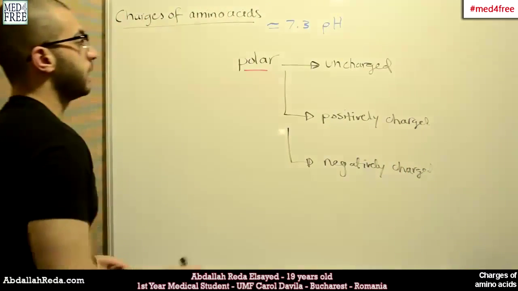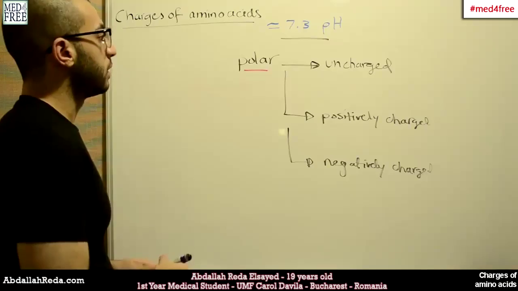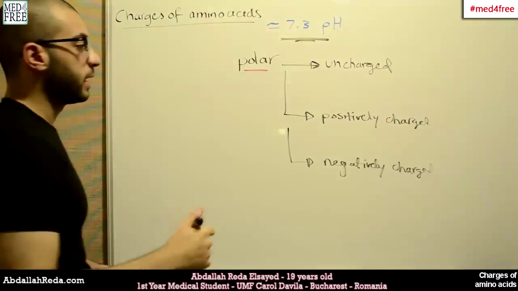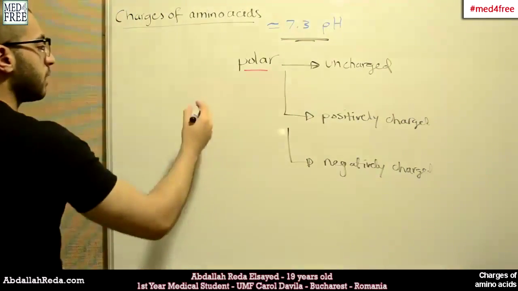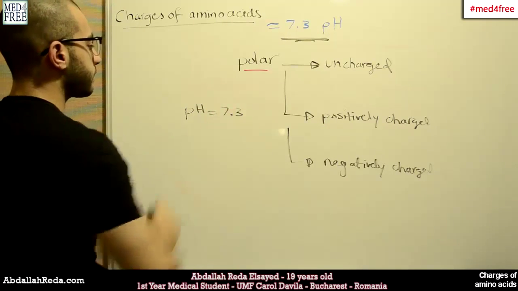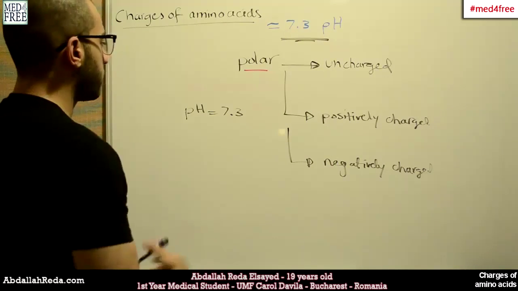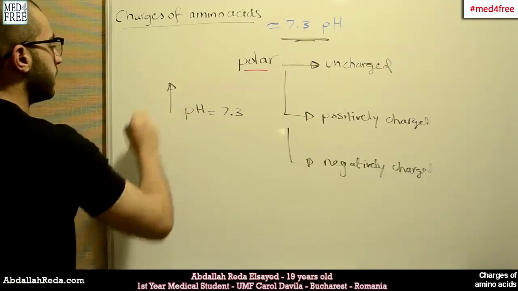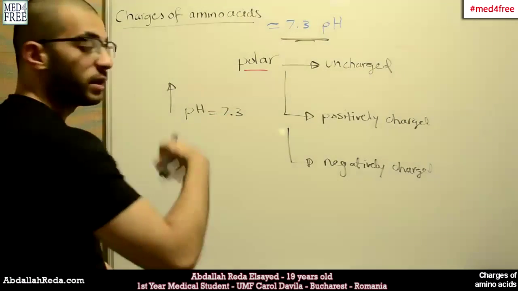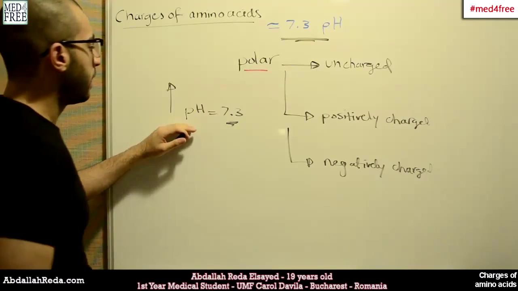And of course we are talking relative to the physiological pH, the normal pH inside the body. So for a pH of 7.3, if the pH of the amino acid that we're talking about is higher than this pH, then it will be relatively basic because it's higher than the pH that we're dealing with.